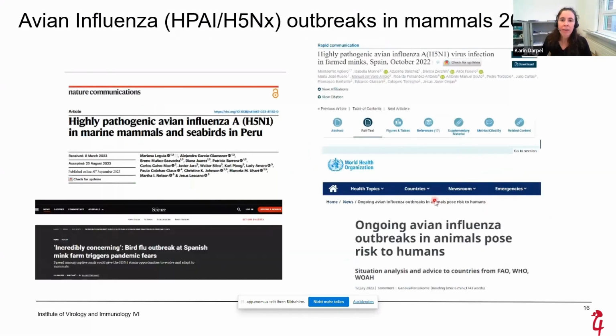And again, one feature of this outbreak is that there has been an increased spillover in mammals, partly farmed minks, but also several predator species, including marine mammals.